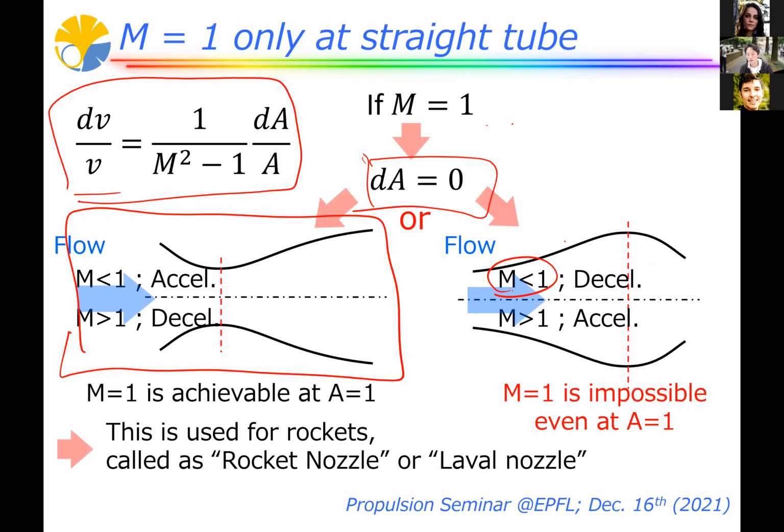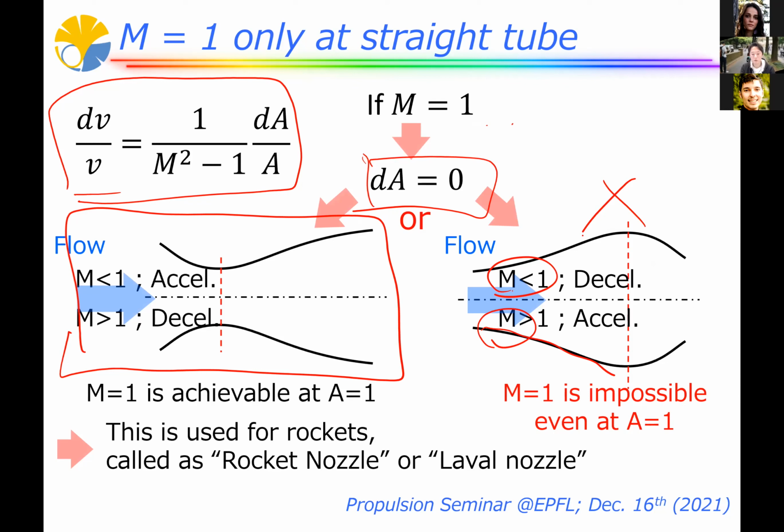And in the case of M higher than 1 flow, in this case, diverging tube will accelerate the gas. So very high flow is accelerated more and more. So Mach number will not reach to the 1. So by using this tube, we cannot attain the Mach number 1.